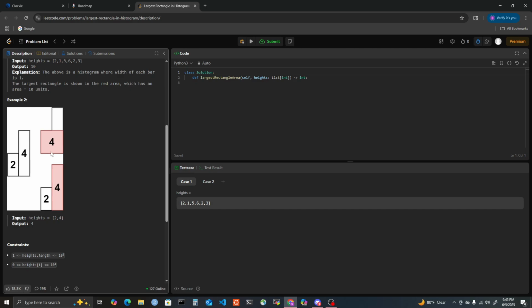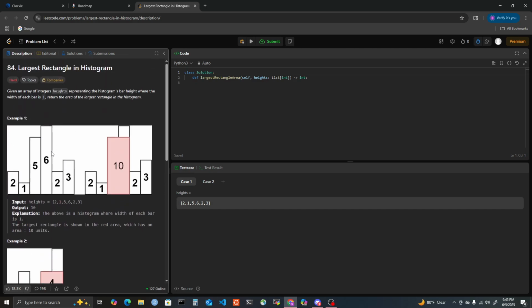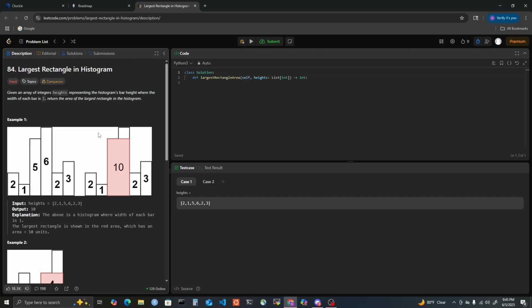Interesting. Okay, see what's happening here. I actually don't have any idea on how to solve this. My first idea is we'll hold a max value, so I'll say x equals 0.